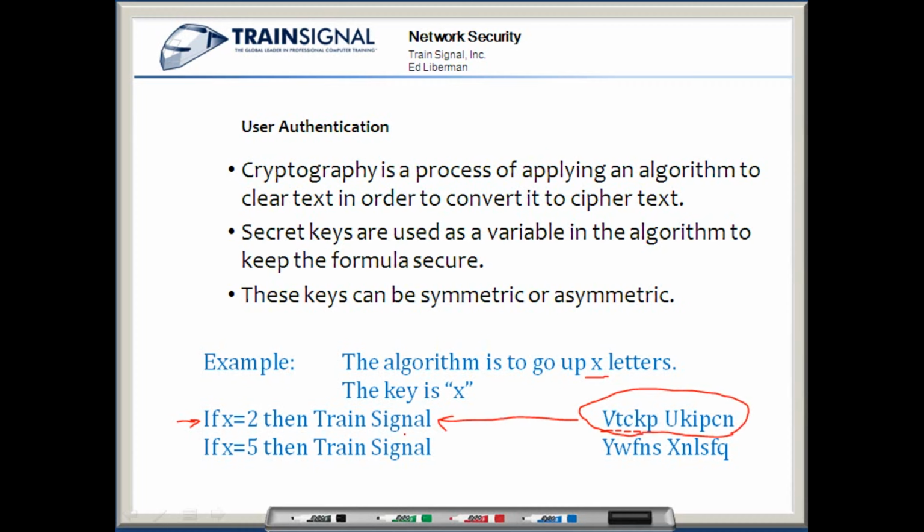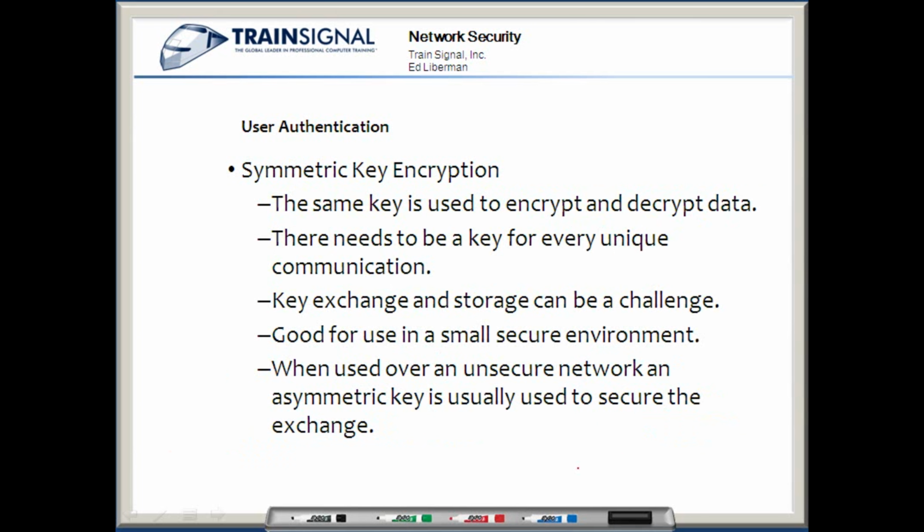Whereas if X was 5, then you can see that the words "train signal" become a whole different set of letters. And that's how the key can really change how text gets encrypted.